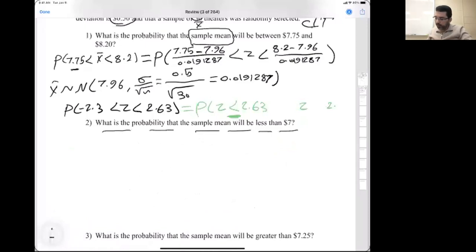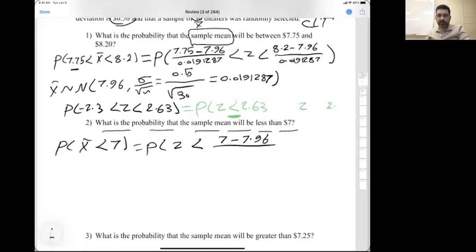So here we need to find the probability that x bar is less than $7. Same idea: convert x bar to z, so the probability that z is less than 7 minus the average 7.96, divided by the standard error 0.0191287. Use your calculator.